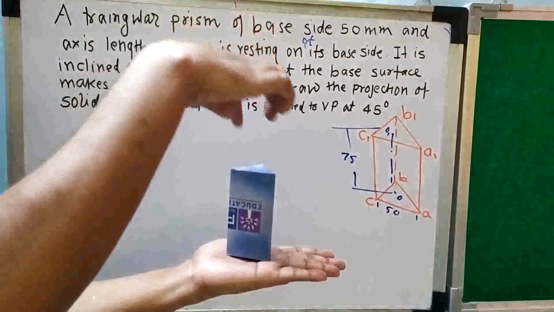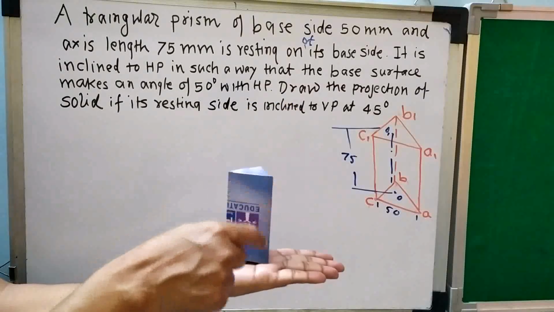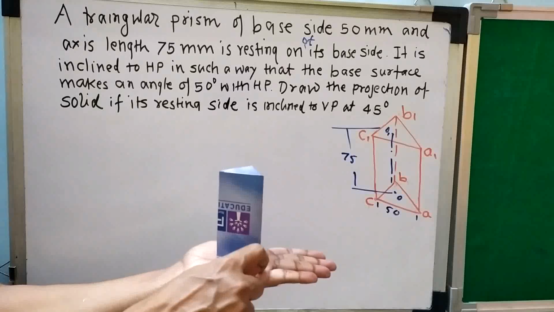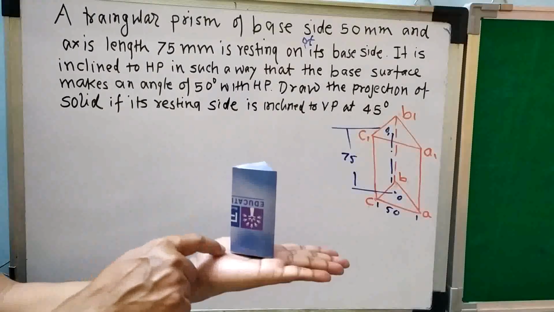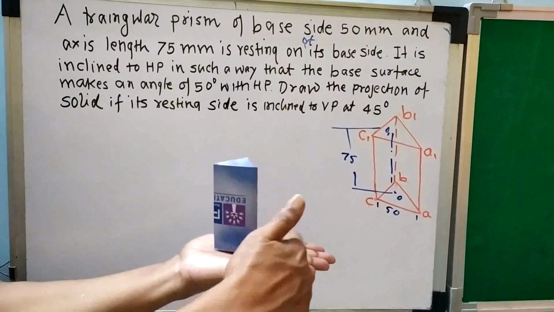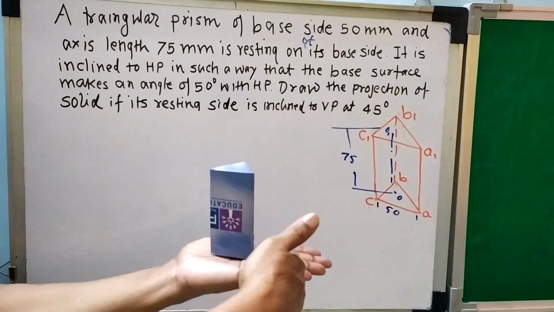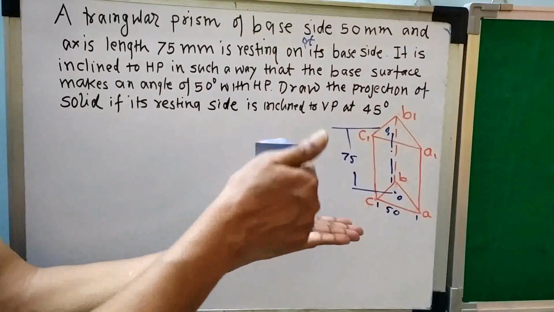When I see from the top, the top surface and bottom surface overlap, so A and A1 will be seen as a point, B and B1 as a point, and C and C1 as a point. So I will get an equilateral triangle with a side perpendicular to XY, and when I see from the front, I will see this rectangular face.